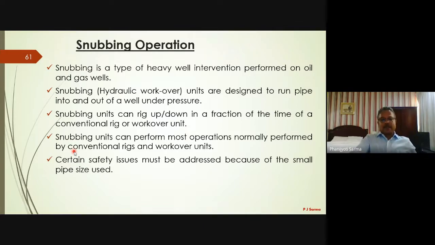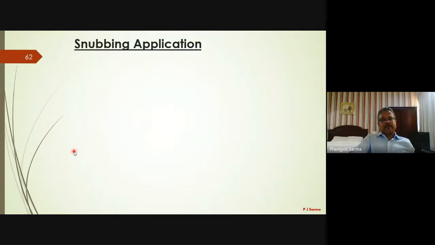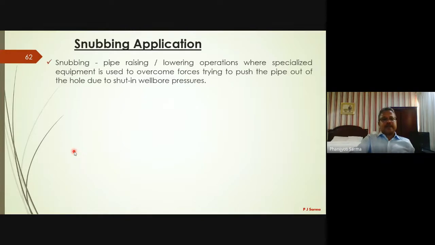Certain safety issues must be addressed because of the small pipe size used. Because in a workover you are replacing the whole completion tubing, and in snubbing, either you are replacing the whole completion or you need to do the snapping with a smaller size of pipe. And this unit can be used for drilling and workover in a live condition. Snubbing application.